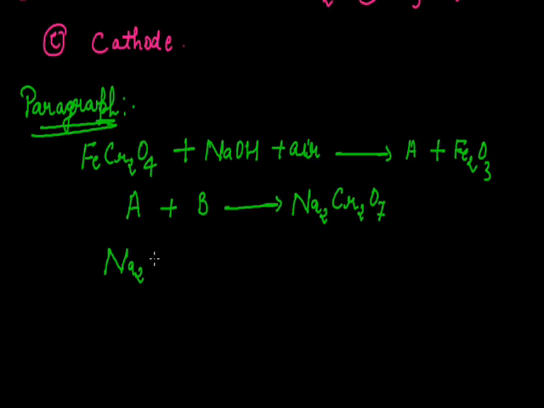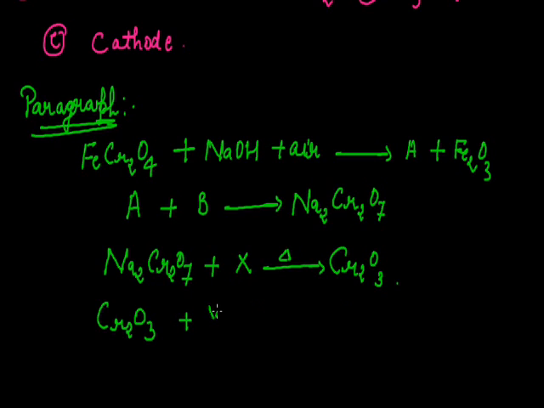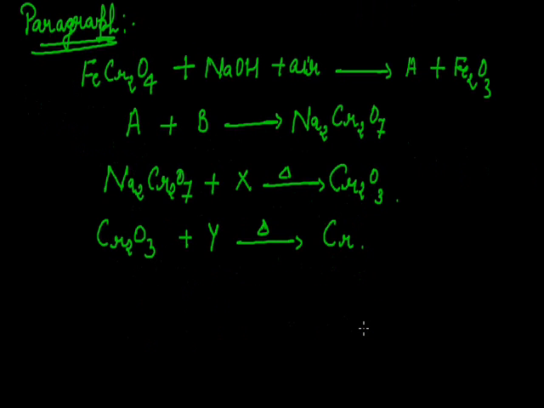This Na2Cr2O7, when it reacts with X on heating, forms Cr2O3. Now further, this Cr2O3, when it reacts with Y on heating, gets reduced into chromium. Now what we have to identify is what are the compounds A and B, what are X and Y in the given reaction, and how will we separate Na2CrO4 and Fe2O3.